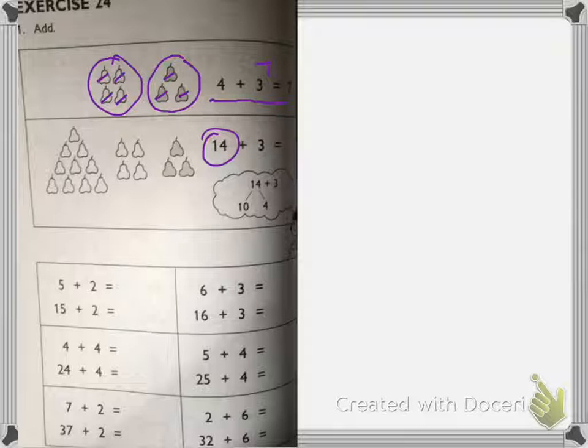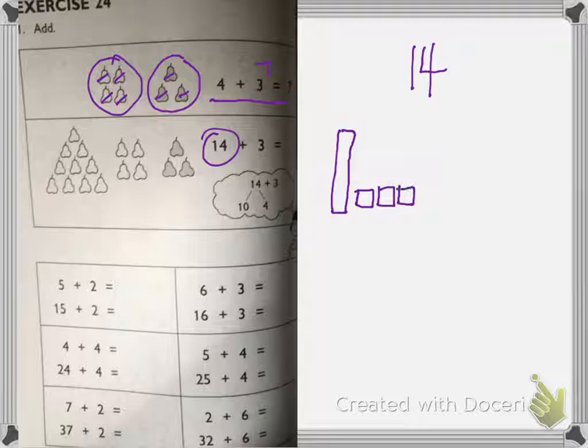Now, if you remember on your whiteboard, we've been doing tens and ones like this. 14 would be a 10, which would be a long rectangle, and 4 small squares, which would be the ones. So then you would count it by going 10, 11, 12, 13, 14. And that's how we've been doing 14.